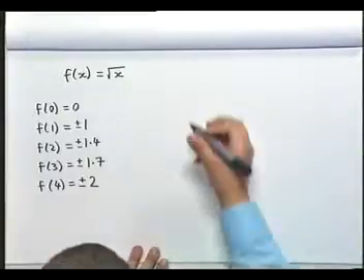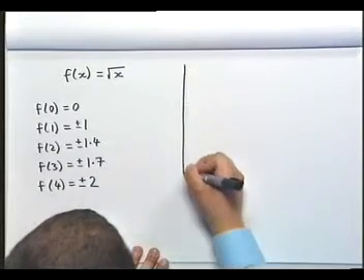Now, if we try to put in any negative arguments here, you can see that we're going to run into trouble because we have to try and calculate the square root of a negative number. We'll come back to this problem in a second. But for now, let's plot the points that we've got so far.